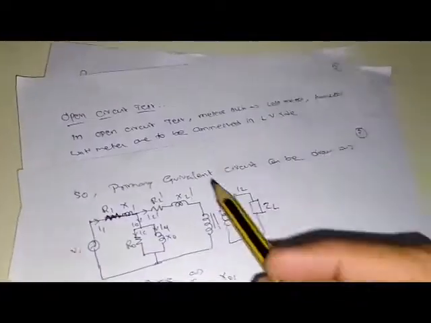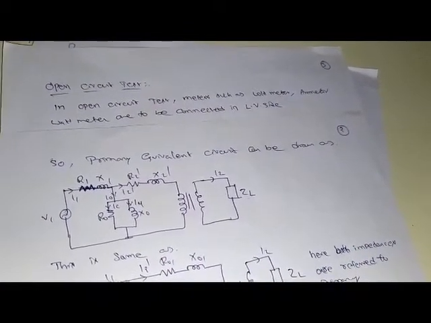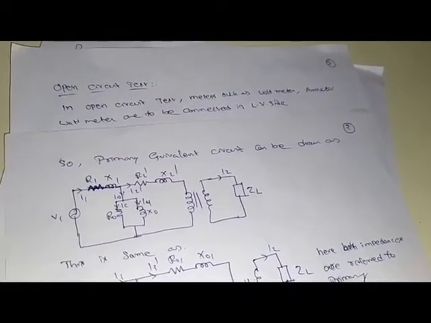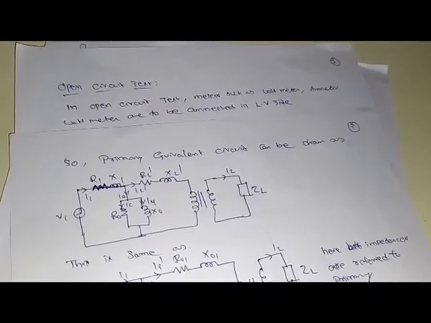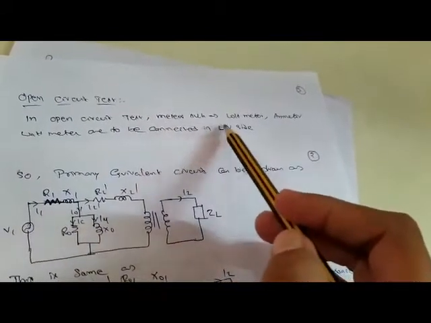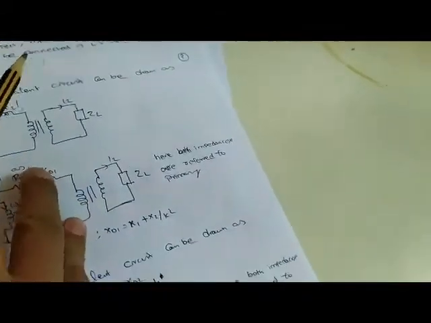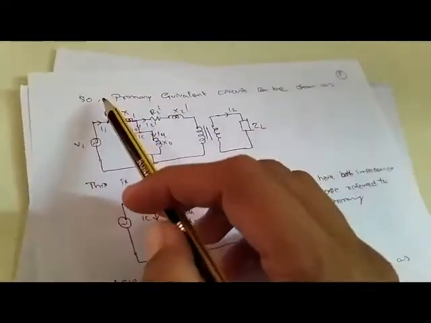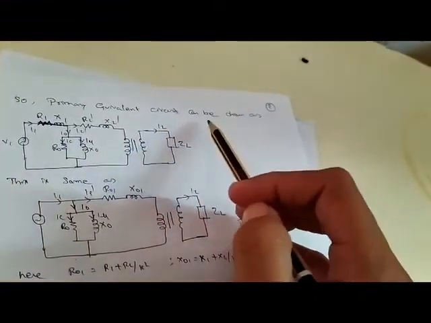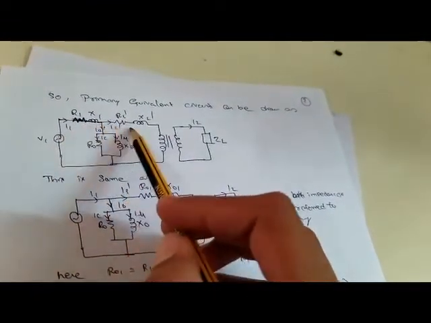So the equivalent circuit of a transformer, open circuit test. In the open circuit test, the meters are considered. The equivalent circuit can be drawn like this: R1, X1, R2 dash.